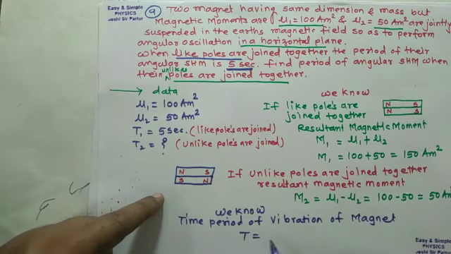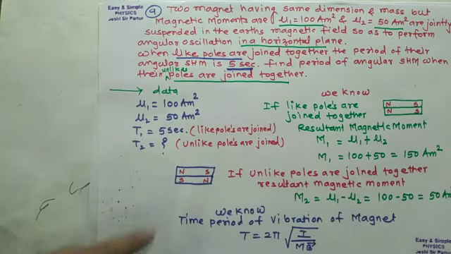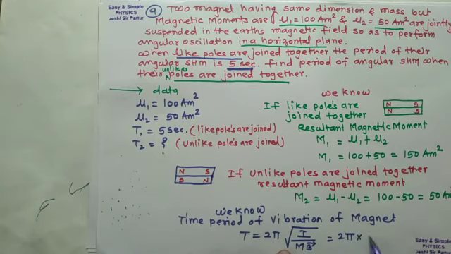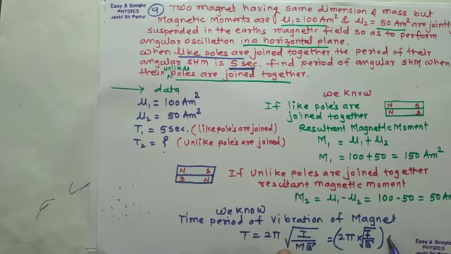T is equal to 2 pi square root of I upon m vector B. It can be written as 2 pi into square root of I upon vector B, in bracket, multiplied by 1 upon square root of m.